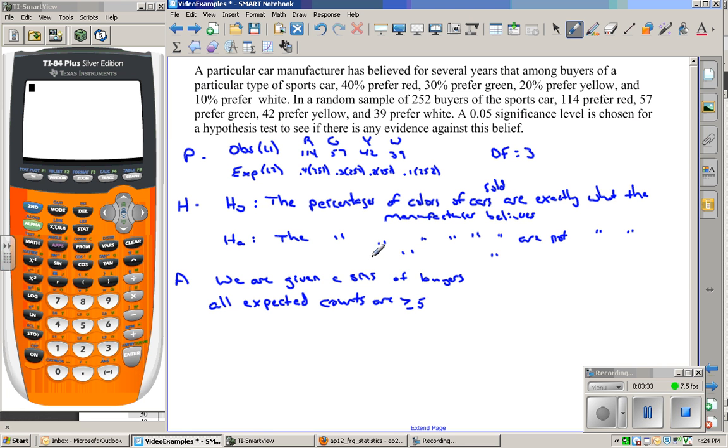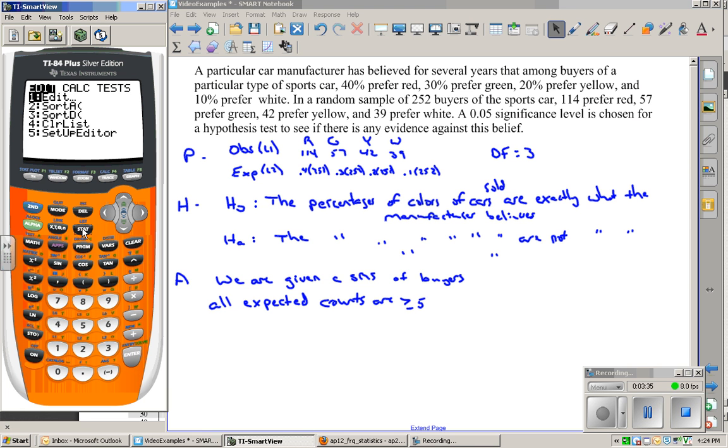Now if I'm going to make that statement, I should actually back that up by showing what it is. So I go to my stat menu, edit. In list 1 over here, you can see that I put in my observed, and here in list 2, I did these multiplications that you can see up here.